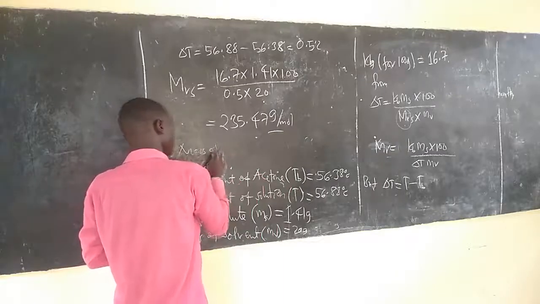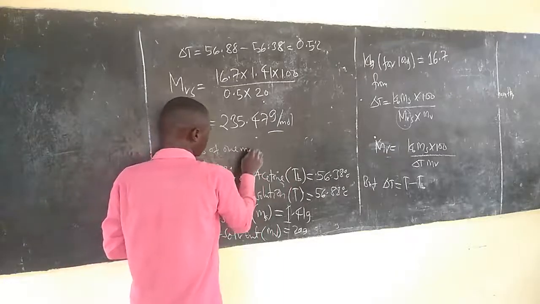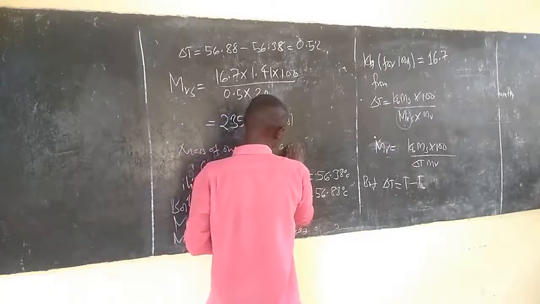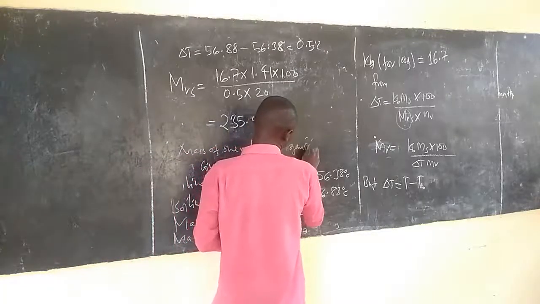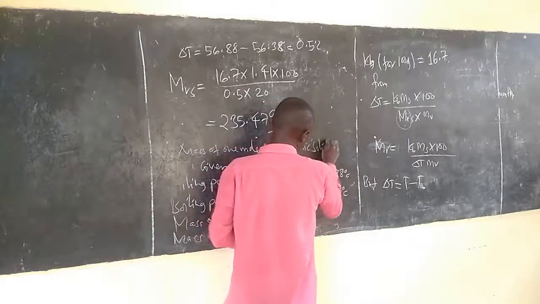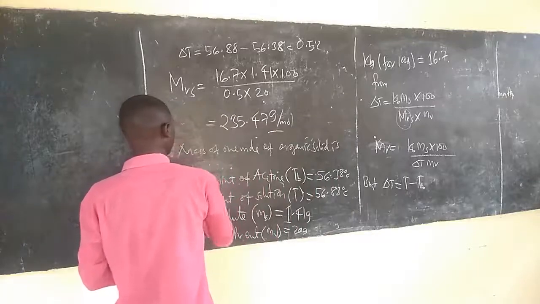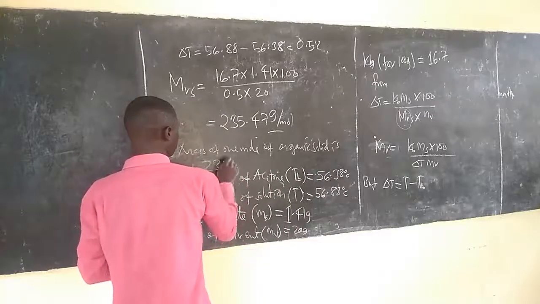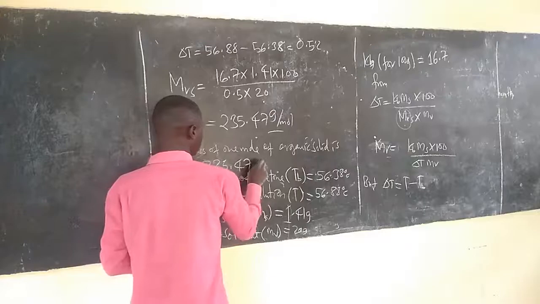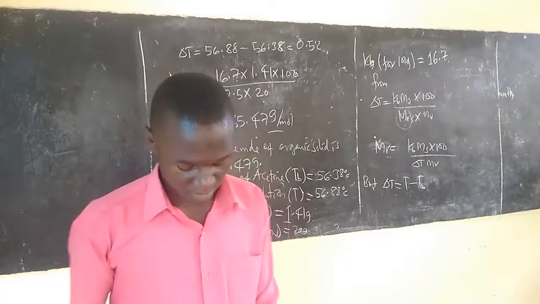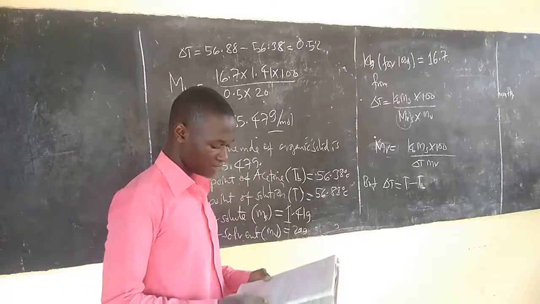So mass of 1 mole of organic solid is 235.47 gram.